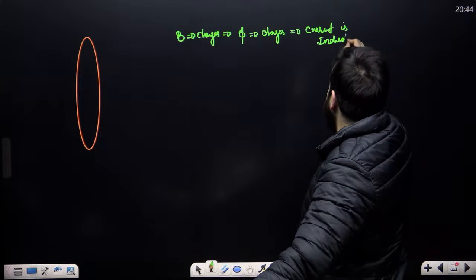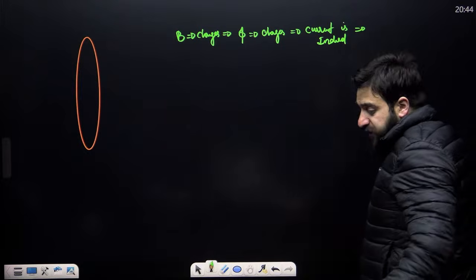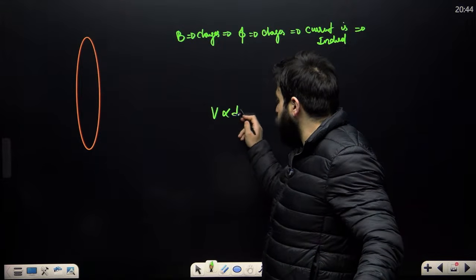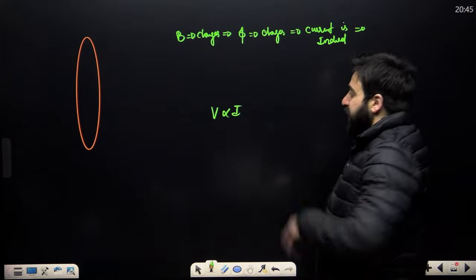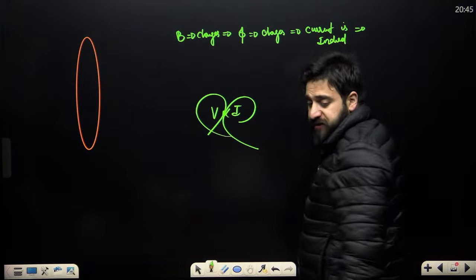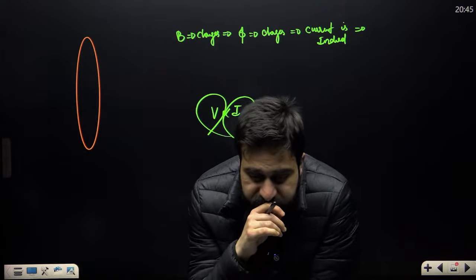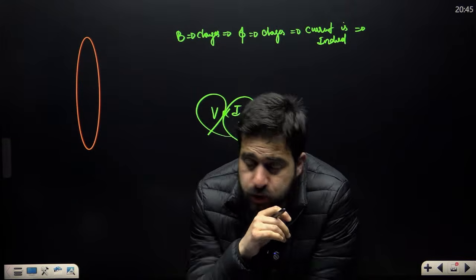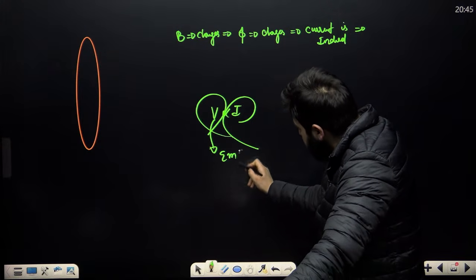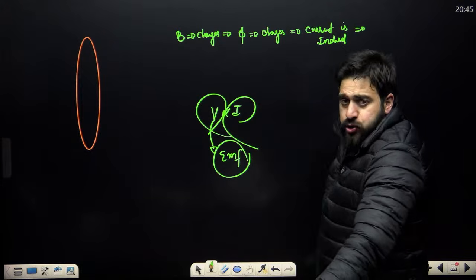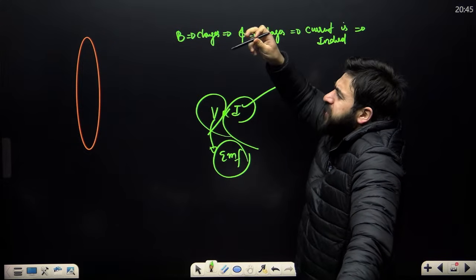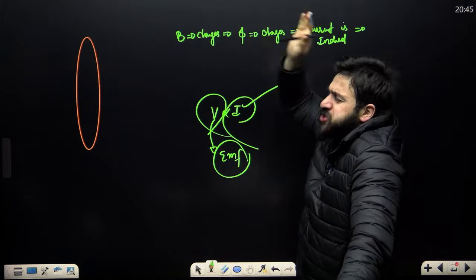And when current is induced, my dear NEET aspirants, according to Ohm's law, V is directly proportional to I. Means current will be in a conductor only when there is potential difference. Sir, if there is no potential difference, will there be current? No. Potential difference means EMF. So whenever current flows, there is potential difference.